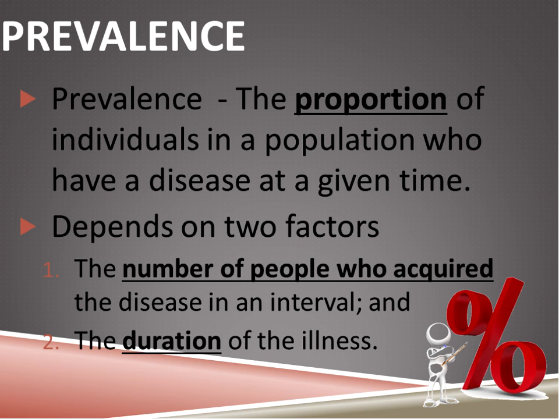So if you have a disease that has a very short illness, for example, Ebola, once people in South Africa broke out with symptoms, within 14 to 21 days they would pass away. So the prevalence was low because the duration of the illness was so short that in a year's time people didn't have the illness anymore because they had passed away.